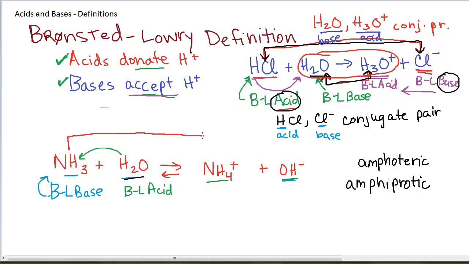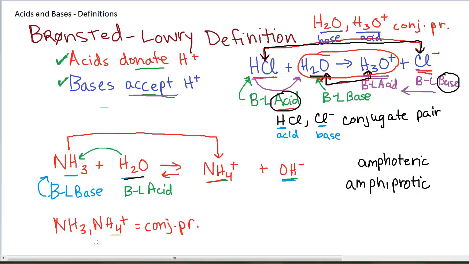NH3, as the reaction proceeds to the right, is related to NH4+. NH3 is the Bronsted-Lowry base, which means it accepts a proton. As the reaction proceeds, it becomes NH4+. So NH3 and NH4+ are a conjugate pair.